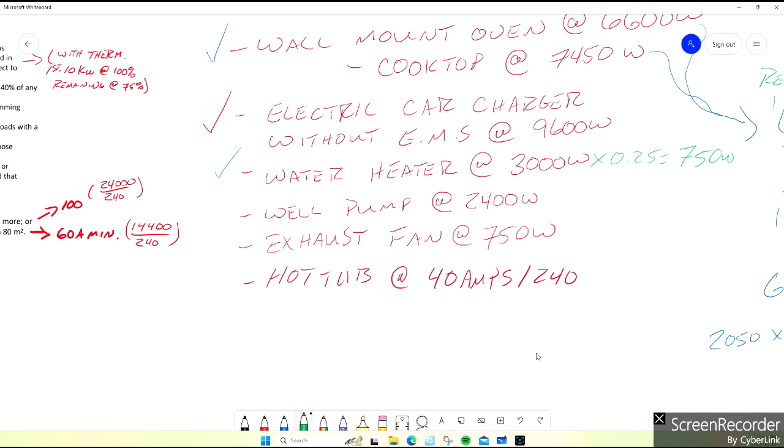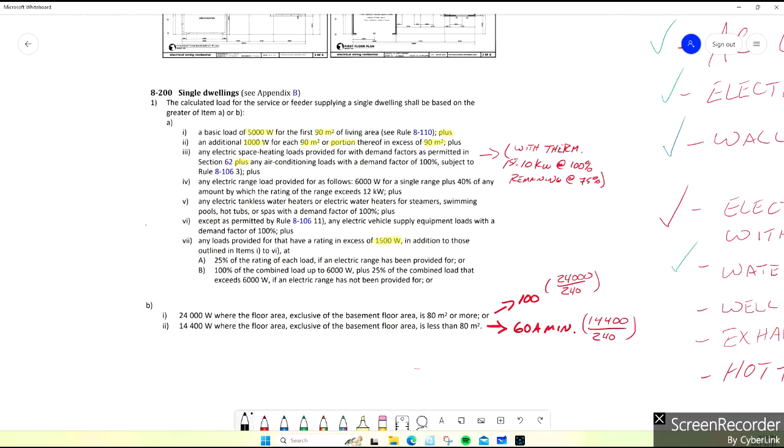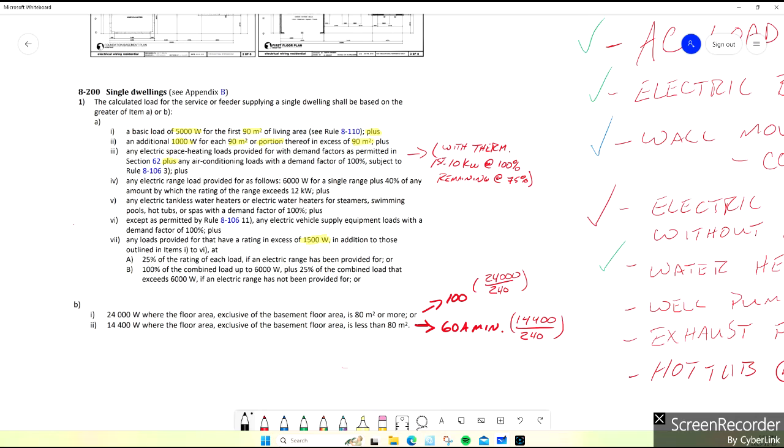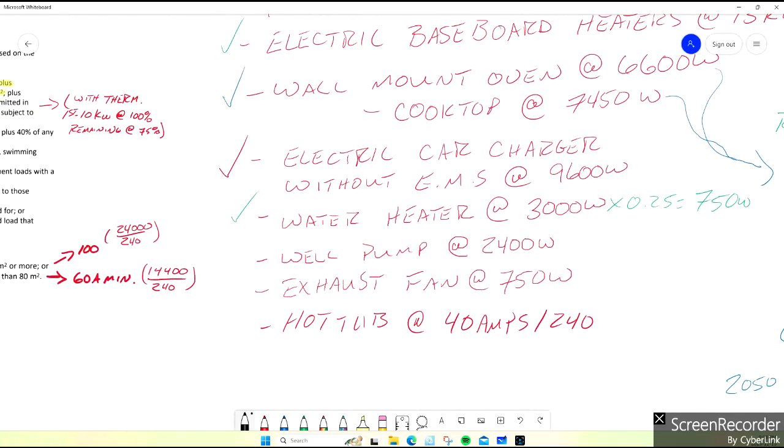Electric water heater done. Now we've got the well pump. We have a well pump at 2400 watts. There's nothing in the rules that specifically talks about well pumps. So again, let's take 25% of the rating of that well pump. Why 25%?